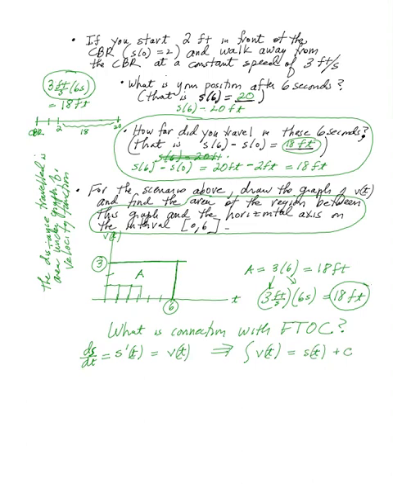In fact, go back up to what we did just a minute ago. Wouldn't this be our graph of velocity regardless of where we started, if we started at the CBR? So if S of 0 was 0, or if we started as we really did at 2, S of 0 is 2, the velocity graph would be the same, wouldn't it? Okay? Since the derivative of position is velocity, the antiderivative of velocity is position.